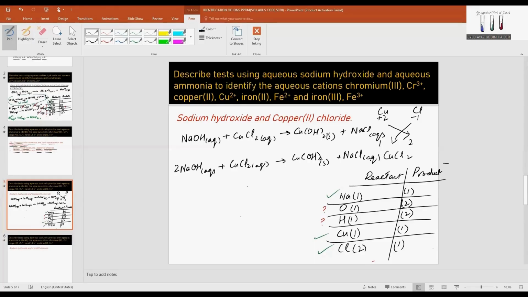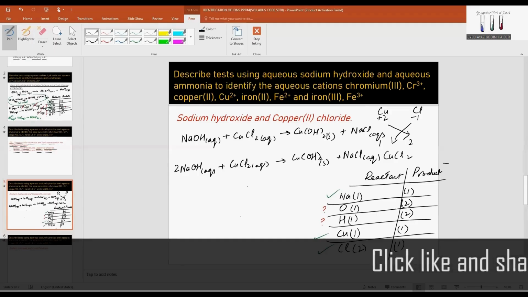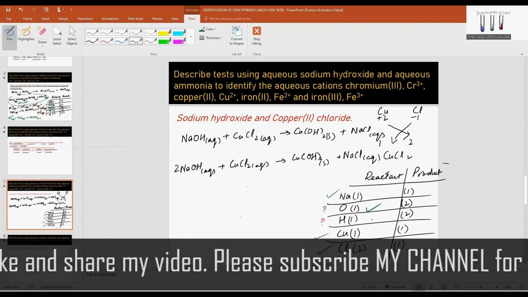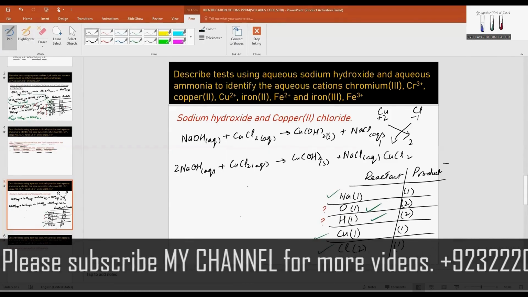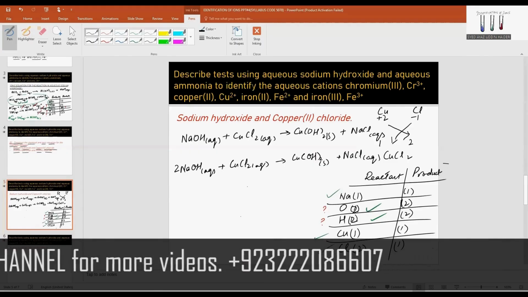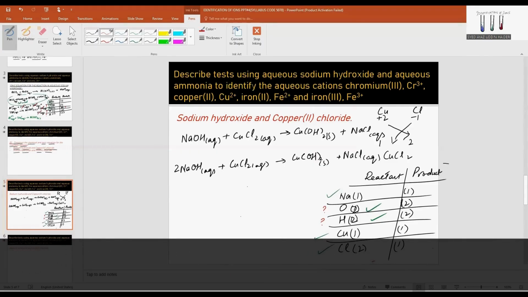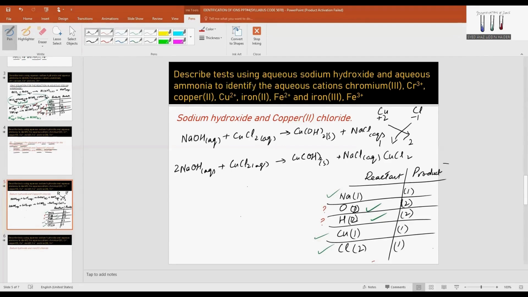Now these two will be balanced, so Na is 2 on the reactant side, and it will be unbalanced on the product side.